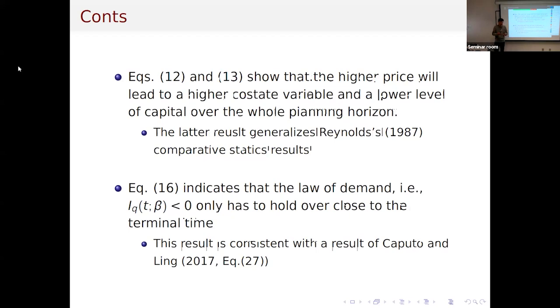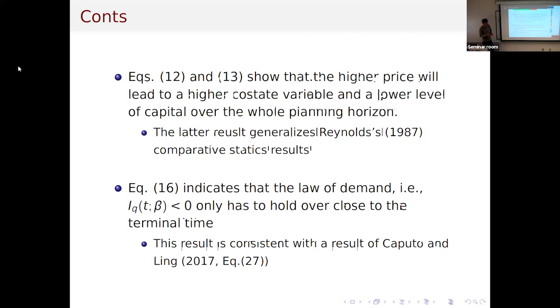The second type of question is: can you give us an example to show that the law of demand is always violated? Fortunately, we can answer the first question, but unfortunately, we cannot provide any examples to show that the law of demand is violated.